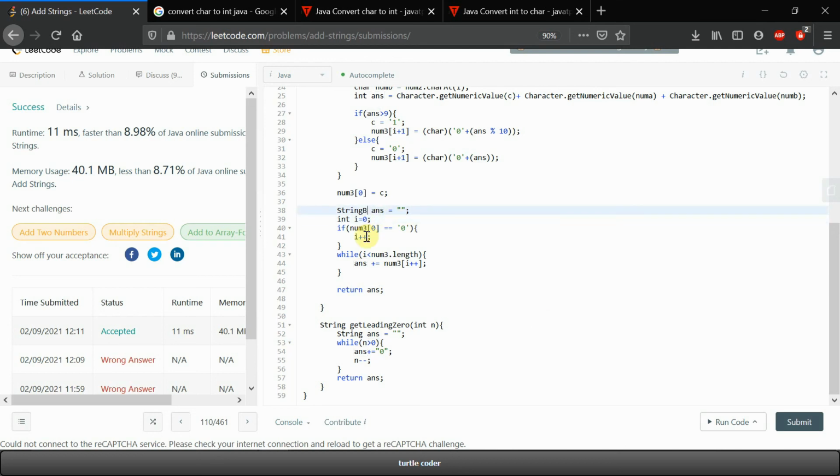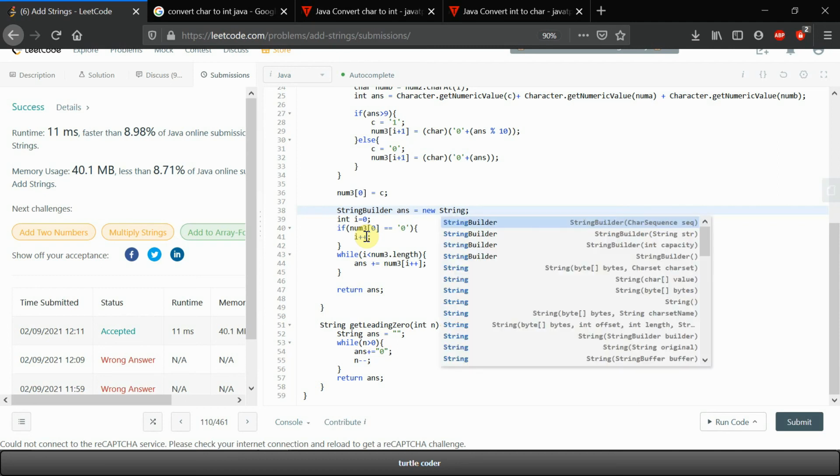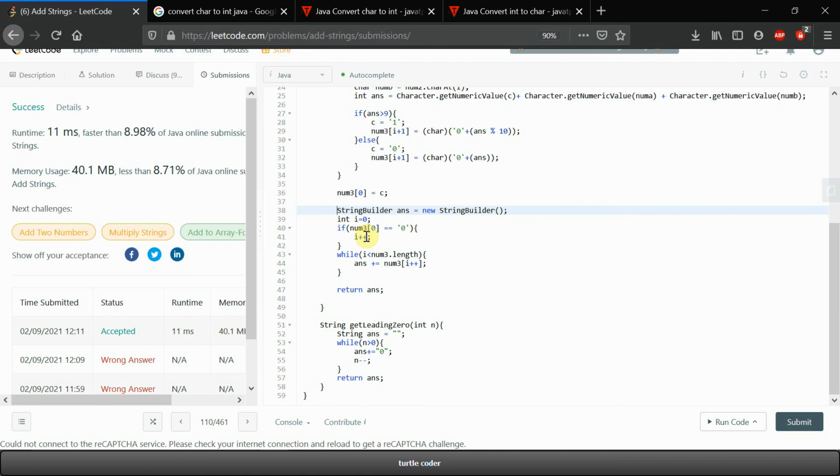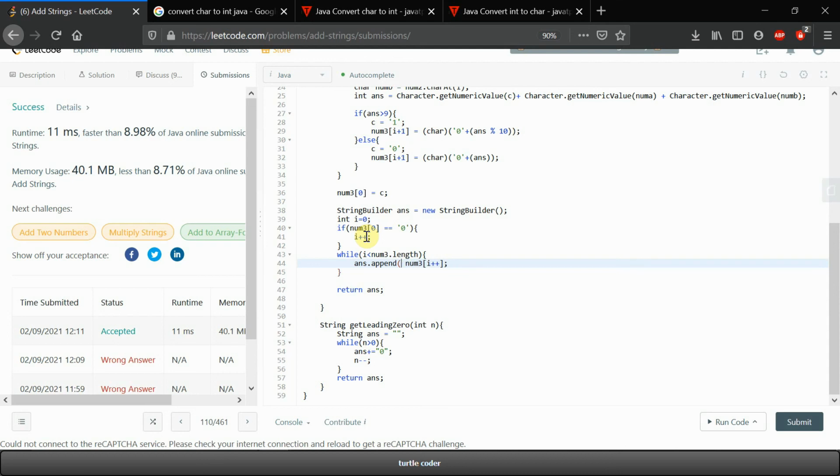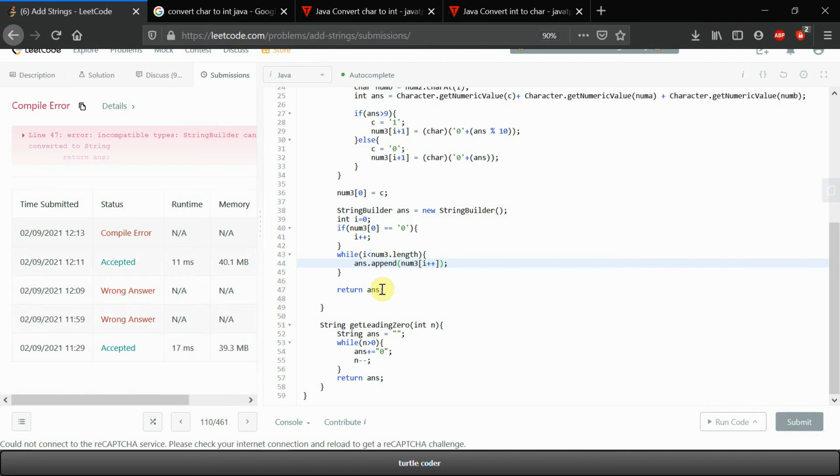So if I use the string builder, new StringBuilder, and answer dot append, no, it won't work.